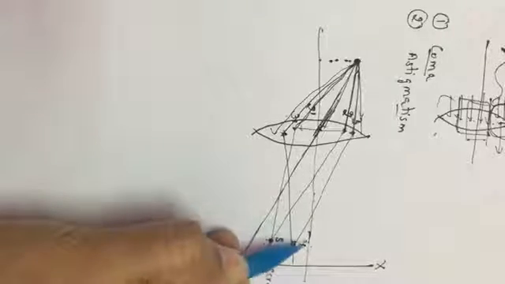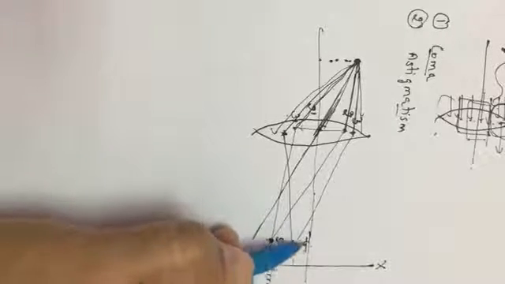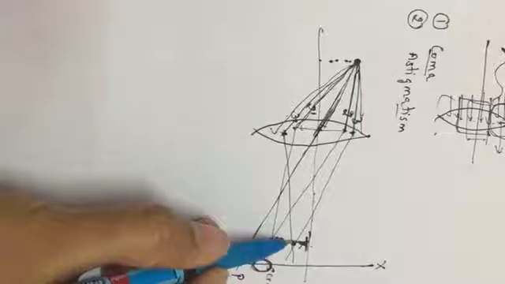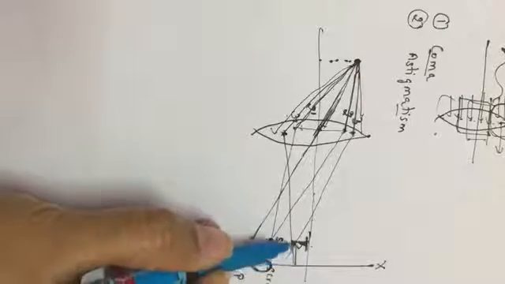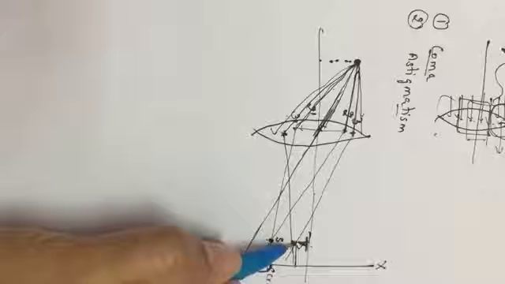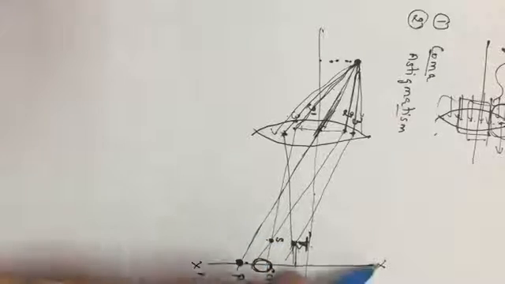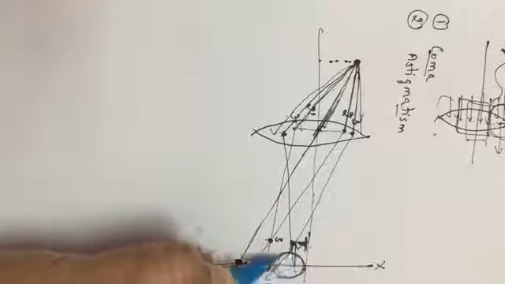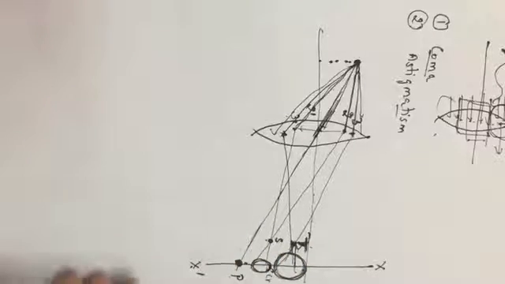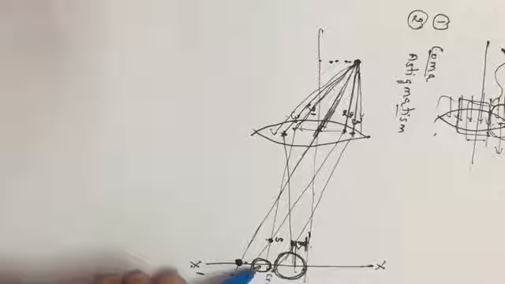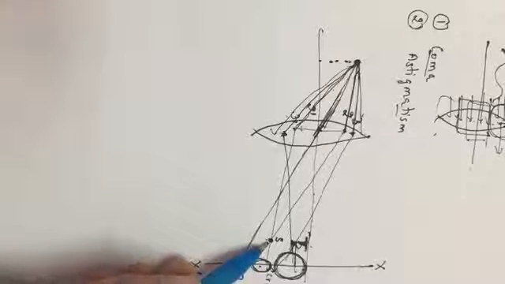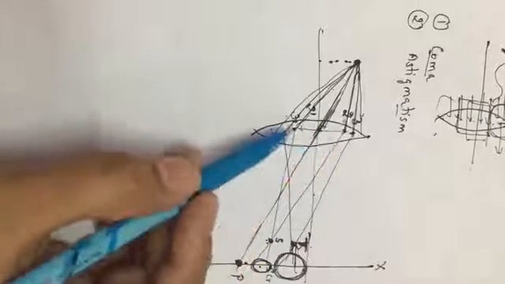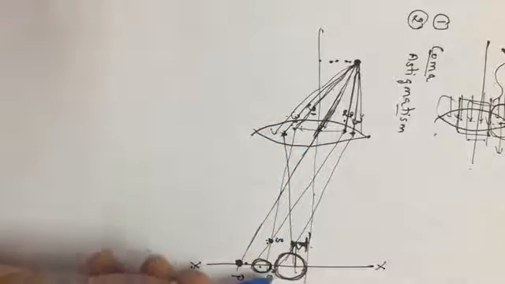Let us consider this is T, before the screen, and if the screen is placed at x and x dash, we will have a big circle or big image as compared to the image produced by the rays 2 and 2 dash and so on.